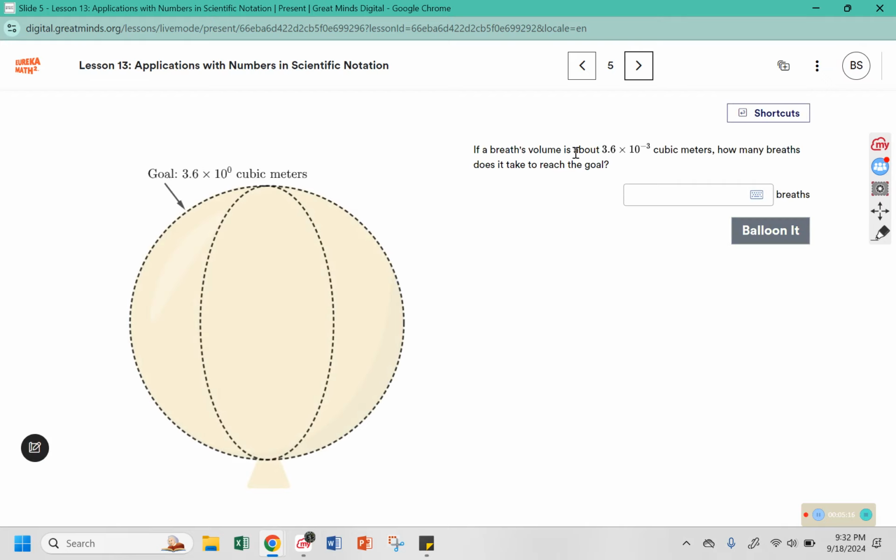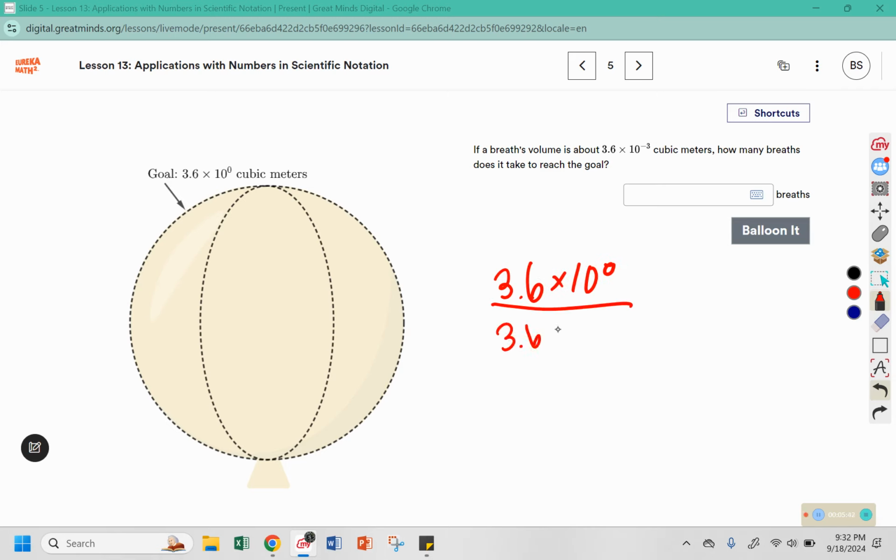If a breath's volume is about 3.6 times 10 to the -3 cubic meters, how many breaths does it take to reach the goal? So we're trying to get to here. We could divide to split that up. And if we do that, we would have 3.6 times 10 to the 0 divided by 3.6 times 10 to the -3rd.